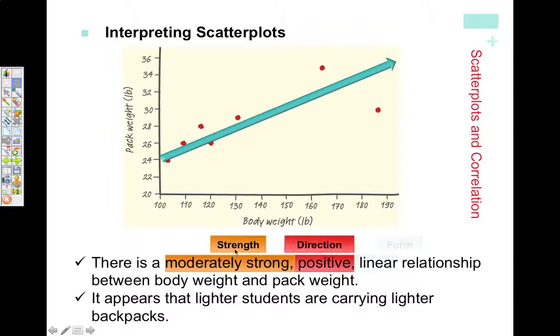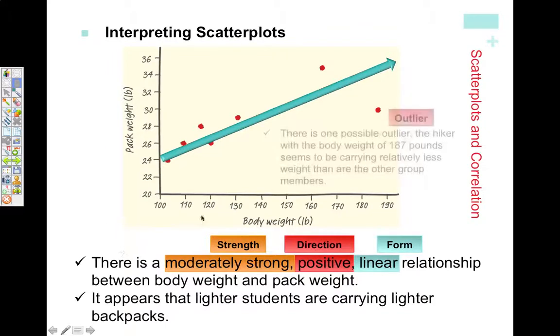So we're talking about strength, direction, and form. It's a mostly linear relationship. This point here, this 185, 187 pound person appears to deviate quite a bit from the rest of these people. That would be considered an outlier. They're very different from the rest of the pattern.